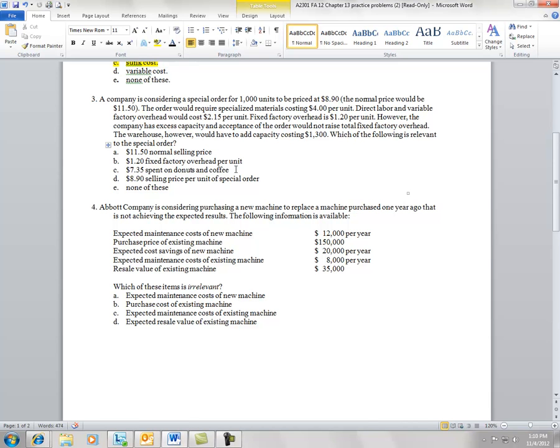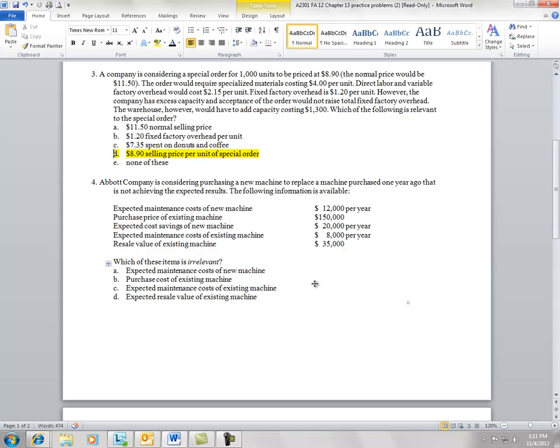The fixed factory overhead, if we look into the problem here, the order would not raise the total fixed factory overhead, so that is not a relevant factor. Money spent on donuts and coffee, really irrelevant to production in general, so that one's not the answer here. And we see that we do have the $8.90 selling price per unit of special order, so that is relevant to our decision.